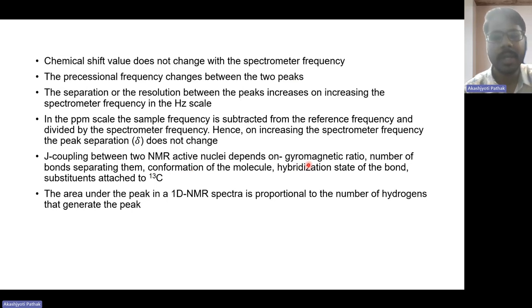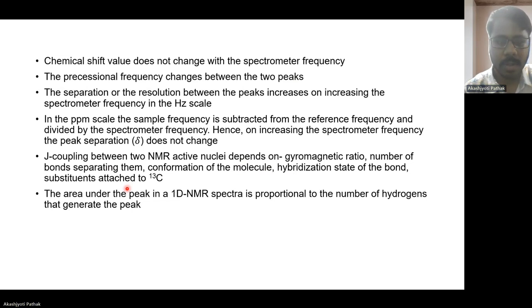Then depending on the hybridization state, if it is an alkene or an alkyne, a double bond, triple bond, sp2, sp3, that also controls the electronegativity. Then the conformation of the molecule, because it is basically the dihedral angle phi that controls the value of the J coupling.